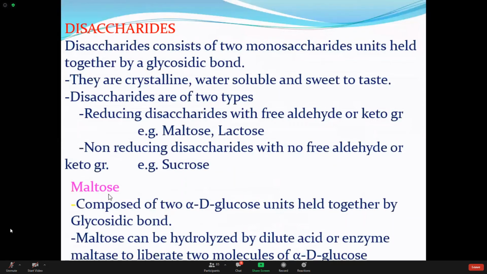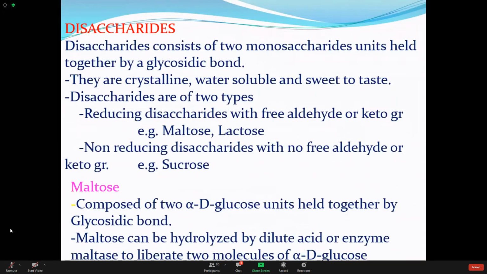Come to maltose, the first example here of a reducing disaccharide. Maltose and lactose are examples of disaccharides, and sucrose is a non-reducing disaccharide. So how will maltose be formed? It is composed of two alpha-D-glucose units held together by a glycosidic linkage. So two alpha-D-glucose units join together to make maltose.